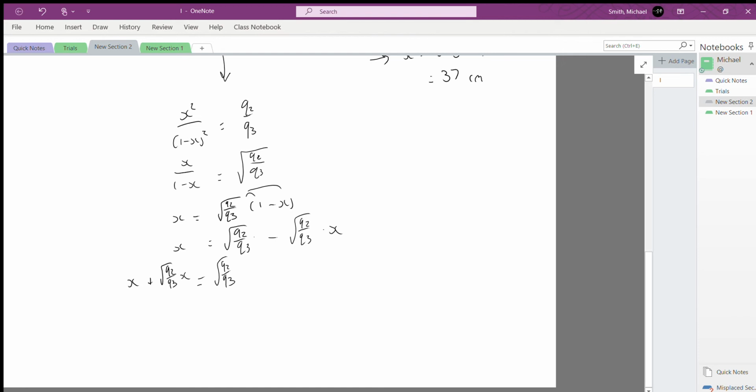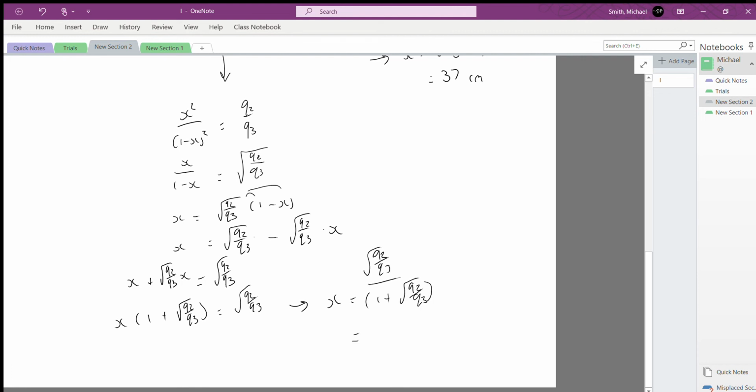We can factor out the x on the left hand side, so that becomes x times 1 plus root Q2 on Q3 equals root Q2 on Q3. So finally, x equals root Q2 on Q3 divided by 1 plus root Q2 on Q3.